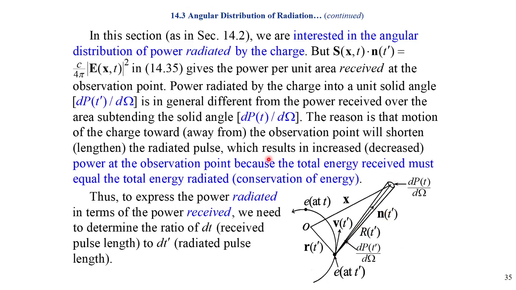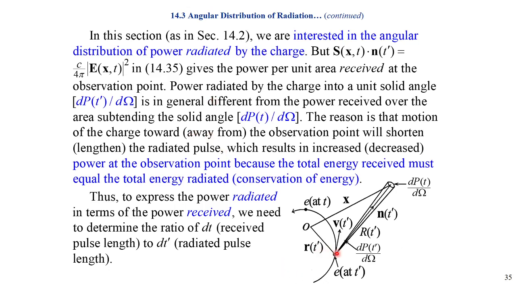And so this results in increased power at the observation point, because the total energy received must equal the total energy radiated, conservation of energy. So what is emitted from here and received here will depend on the velocity and on the direction of v and n. Okay? You can imagine.